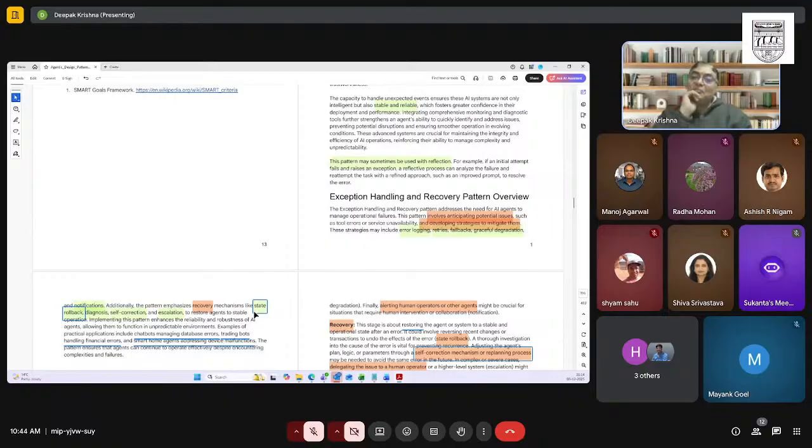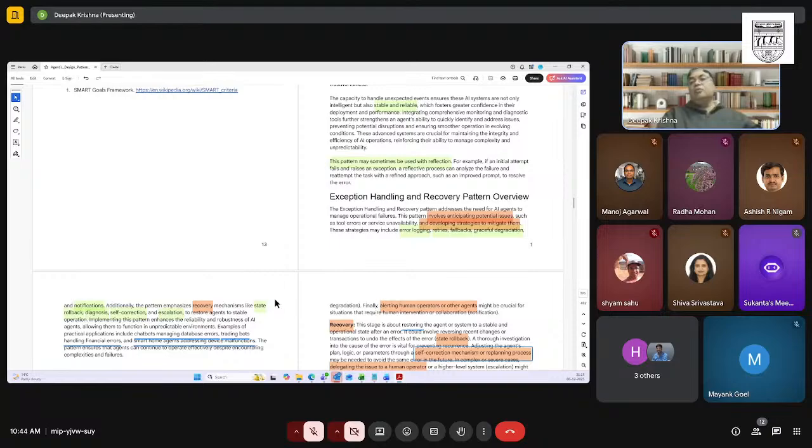So what should I do now? I need to cancel my hotel booking, right? So this is known as rolling back the state. Plus we can do diagnosis, self-correction, escalations, right? All these are different strategies for the recovery operation.